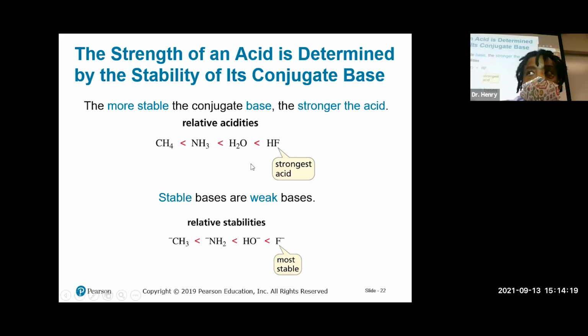The stronger the acid, the more stable the base, right? So this guy is going to have a more stable base than this guy.